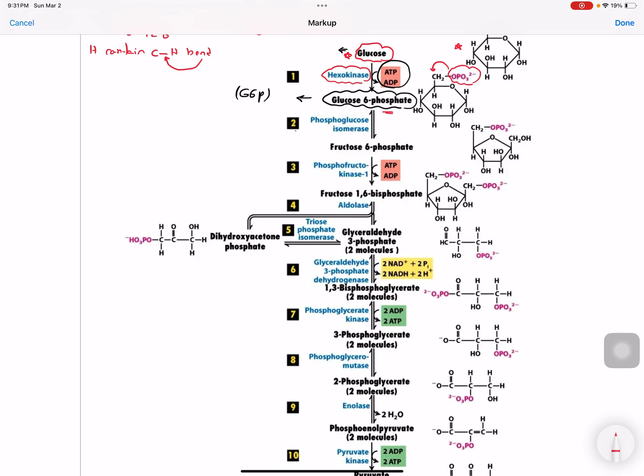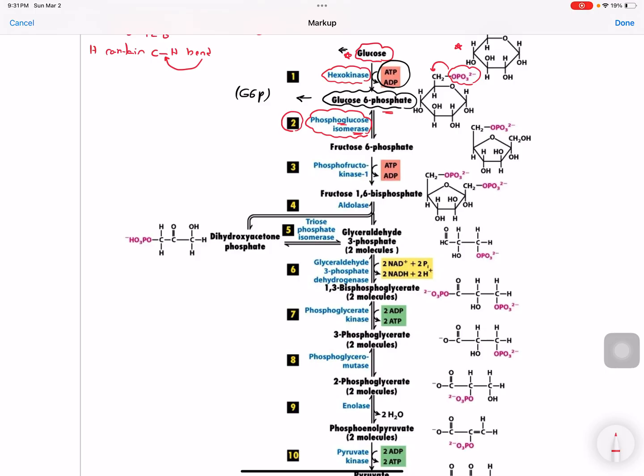The second step is isomerization. Isomerization occurs by another enzyme that is called isomerase, complete name phosphoglucose isomerase.